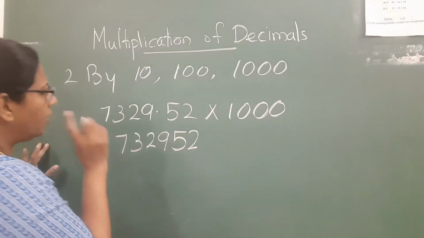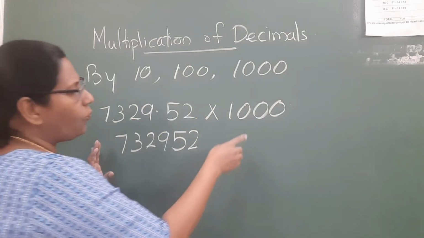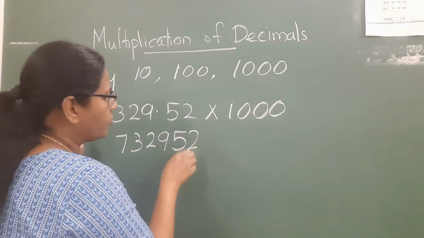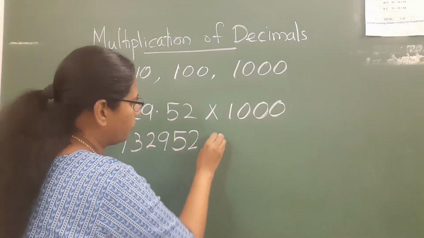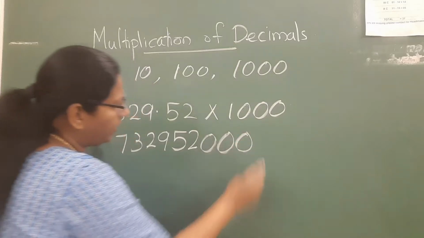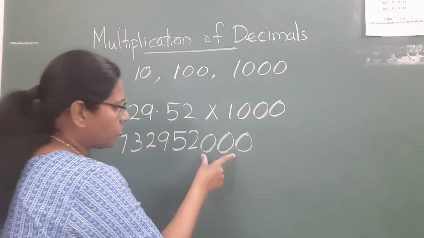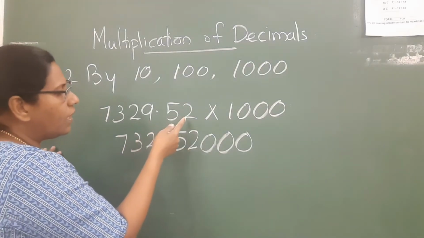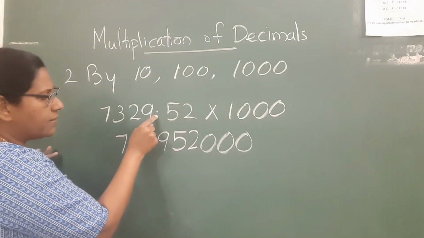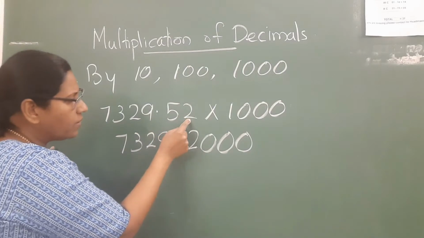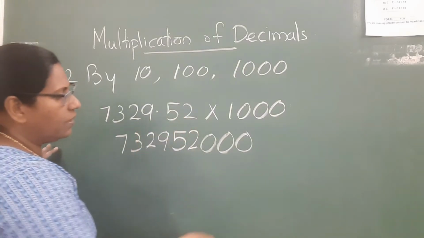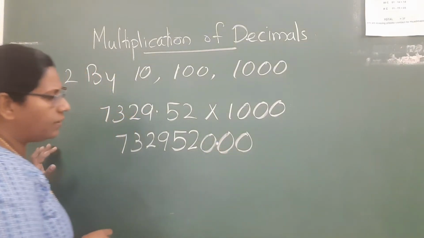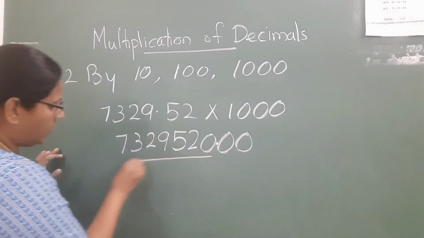Now we have to write these 3 zeros next to 2: 1, 2, 3 zeros. After writing these 3 zeros, we come back to this place. After how many places is the decimal? Here it is after 2 places. So 1, 2, here the decimal. Now this is the answer we get.